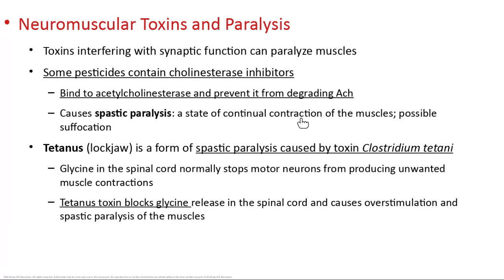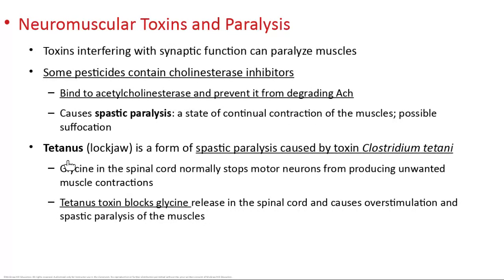That's what we're having here, and you have a sustained contraction. Now, this can lead to suffocation. If this goes on, this can actually kill you, because remember, what we have lining our bronchi and our lungs is muscle. If you have a continual state of contraction, you could actually suffocate.